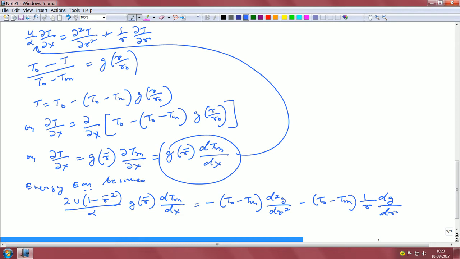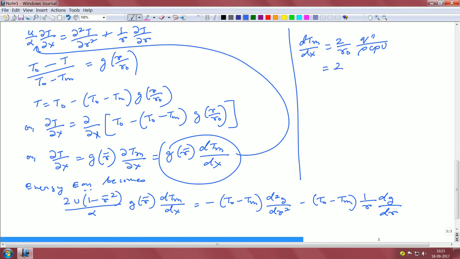Okay. Now, also we know dTm by dx is given by 2 by R naught q over rho Cp into U, that is a standard expression regardless.